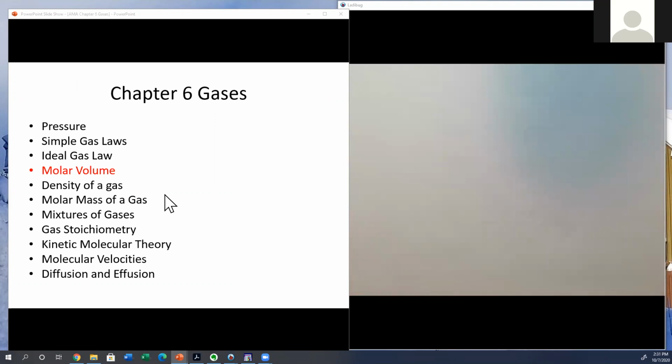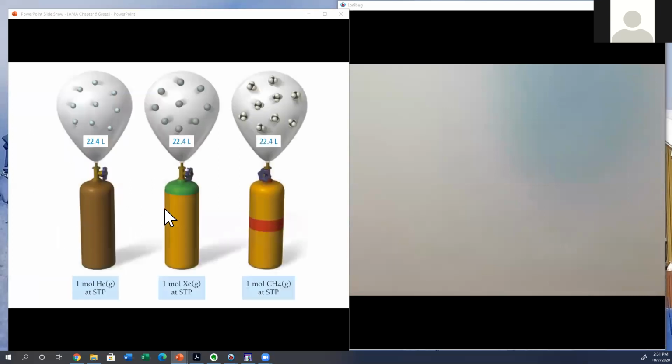Molar volume. The next thing we want to understand is the molar volume of a gas. In other words, how much volume does a mole of gas occupy? As you might imagine, it depends on the pressure, volume, and temperature. Depending on what those are, you're going to have different volumes of gas.